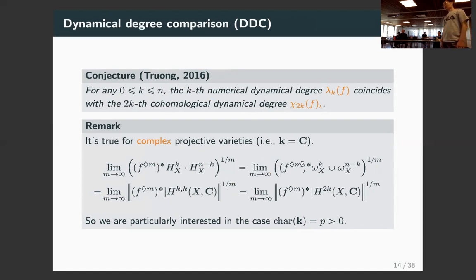As I said before, this equality is true for complex projective varieties, because we can replace these ample divisors by Kähler forms, and then we go to the cohomology group. So they are the same. This is not hard to prove.